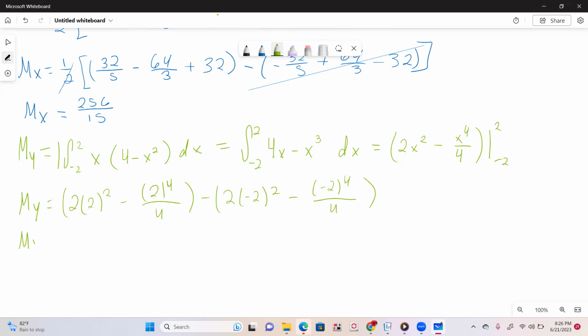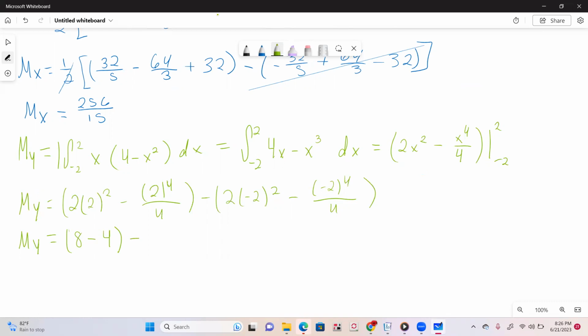But I'll just simplify this a bit so it's a little bit more obvious. So 2 times 2 squared is equal to 8 minus, and then 2 to the fourth divided by 4 is equal to 4, because 2 to the fourth is 16. 16 divided by 4 is 4.